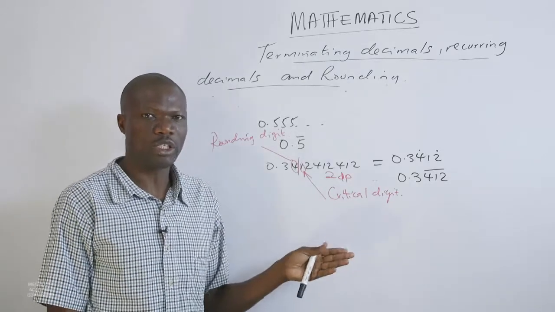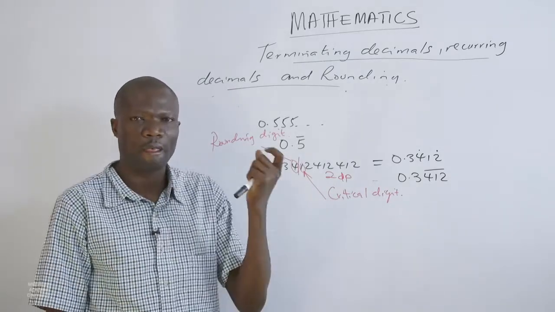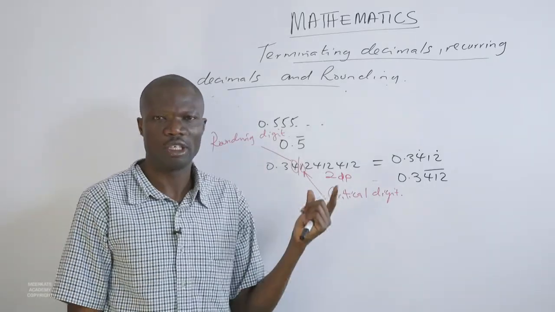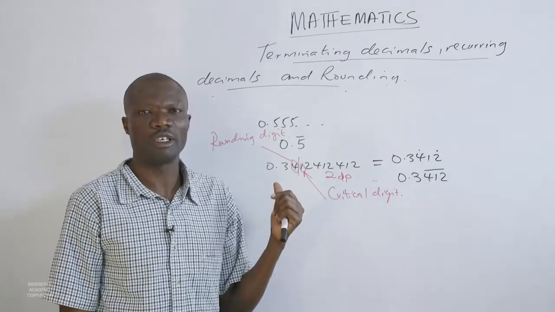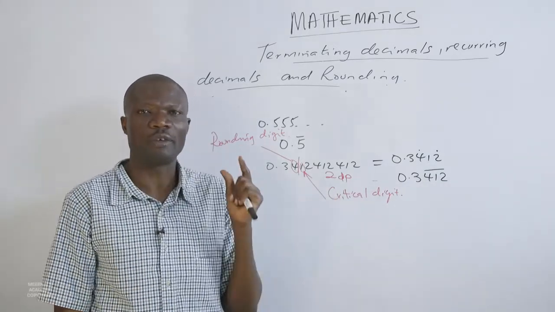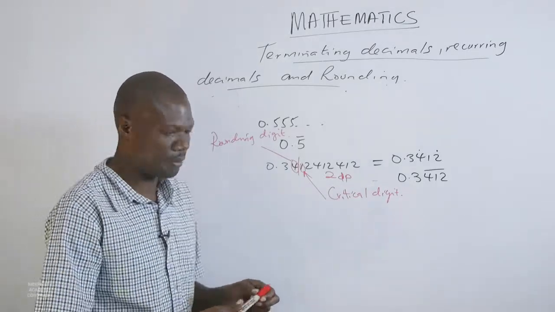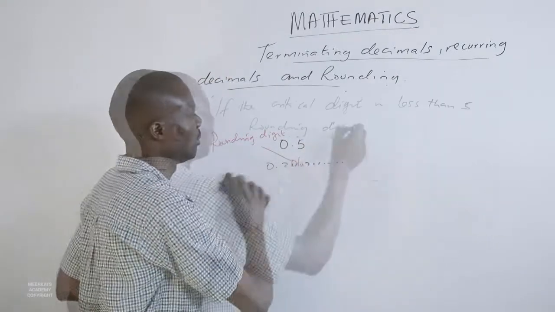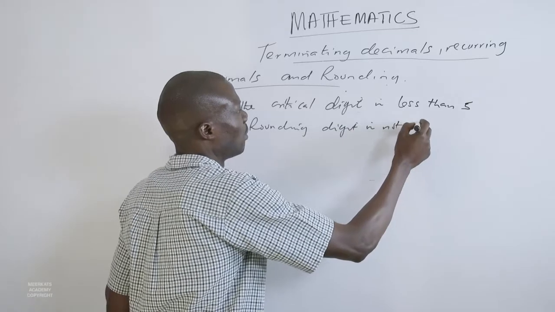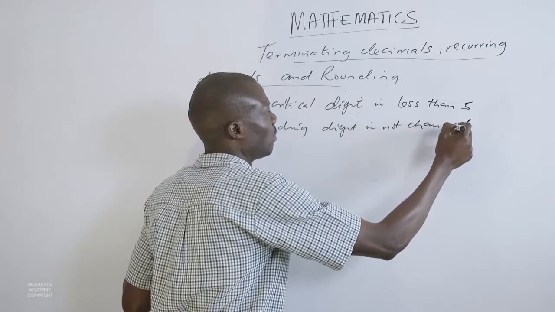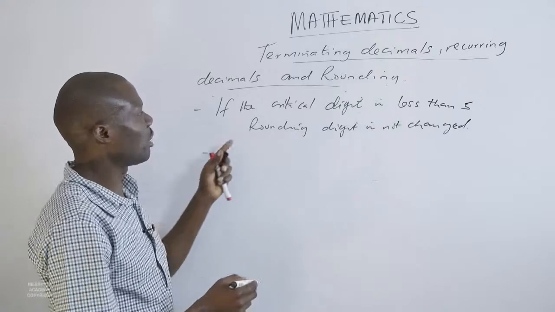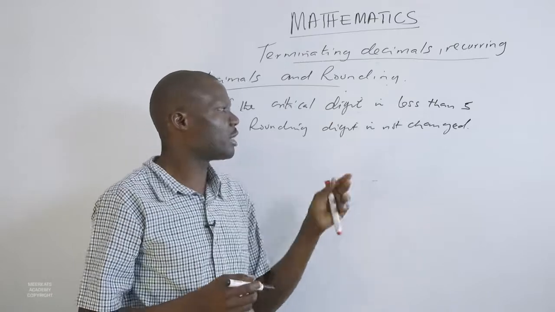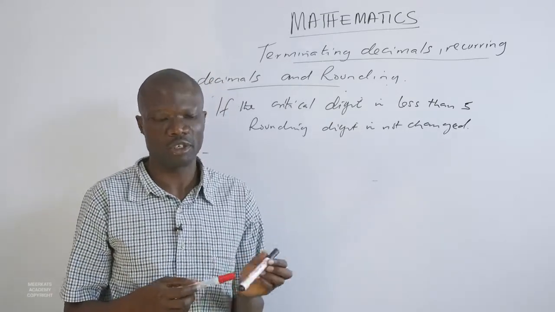So, what should we have in mind about the rounding digit and critical digit? For us to round decimals, we need to look at these two, and the following must apply. If the critical digit is less than 5, then the rounding digit is not changed.